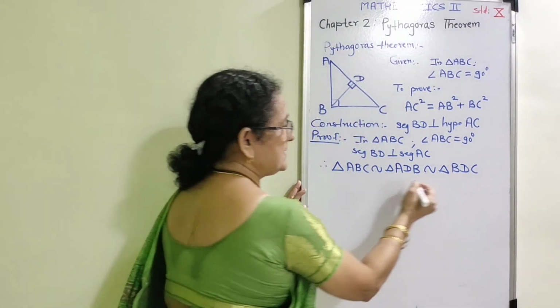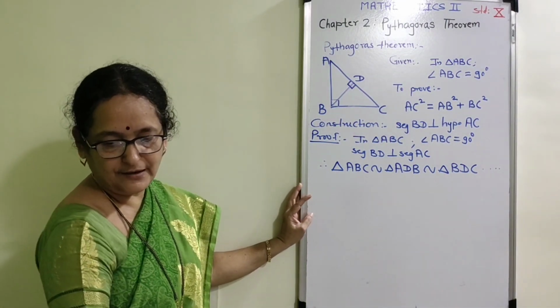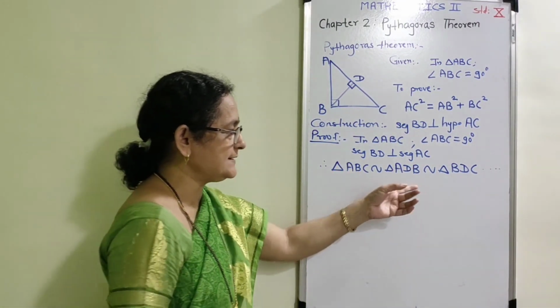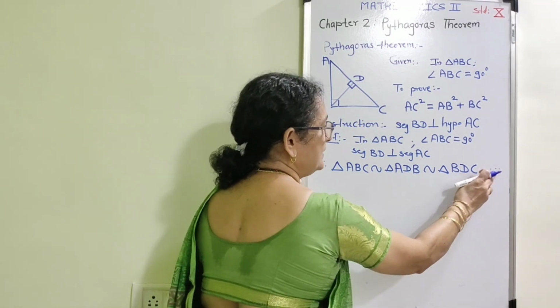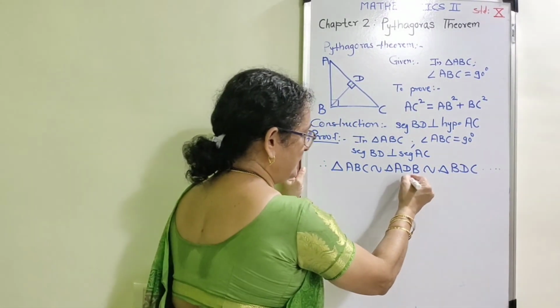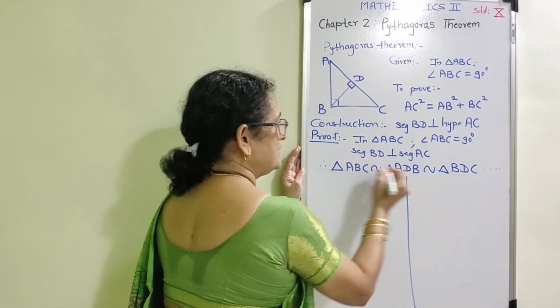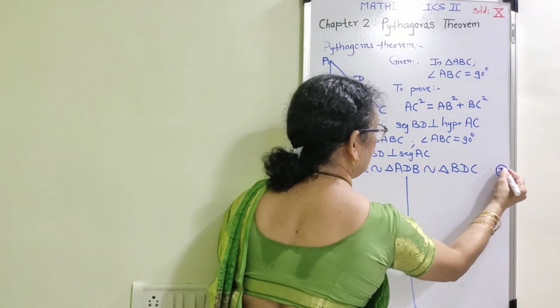Now, this is by similarity in right angle triangle. Here I am not going to write the reason, but try to remember that this statement is by similarity in right angle triangle. Now, I will take the first pair, and suppose this is my statement number 1.